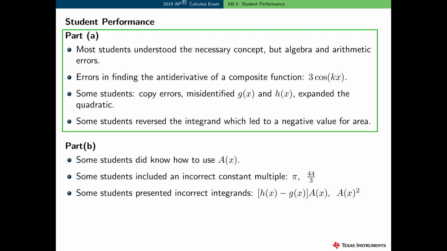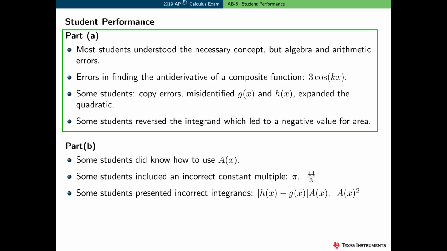That is, where the argument was a constant times x. There were some copy errors, errors in identifying the curve on the top boundary and the curve on the bottom boundary, and in expanding the quadratic. Some students also reversed the integrand here, and they arrived at a negative area, but they did not resolve this issue.